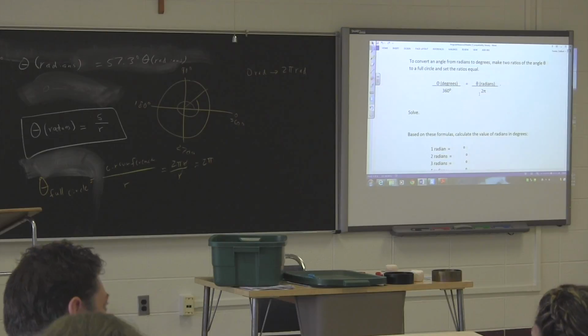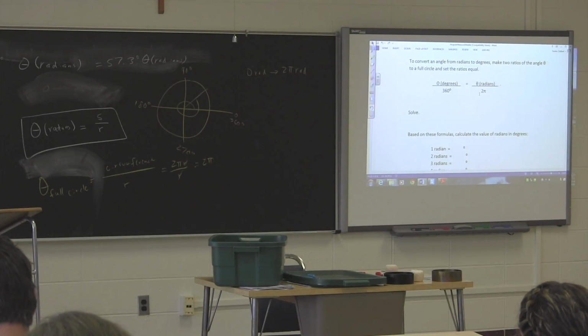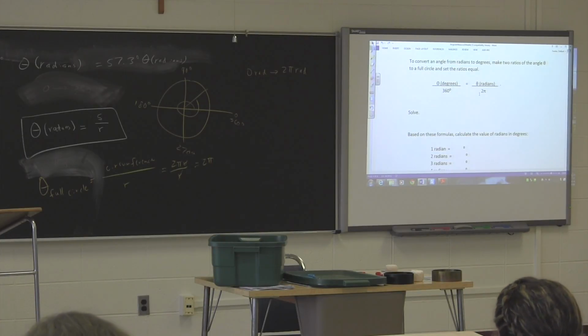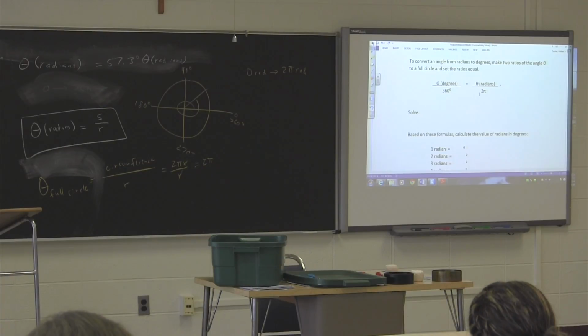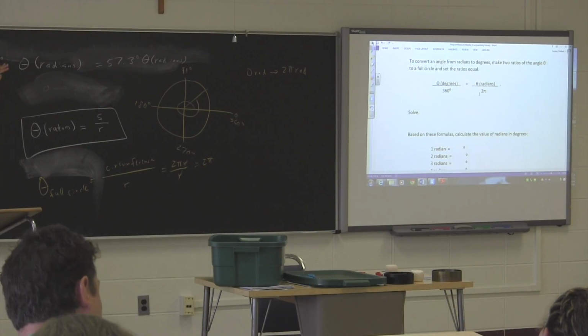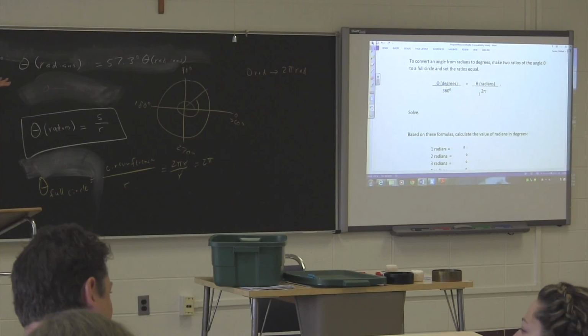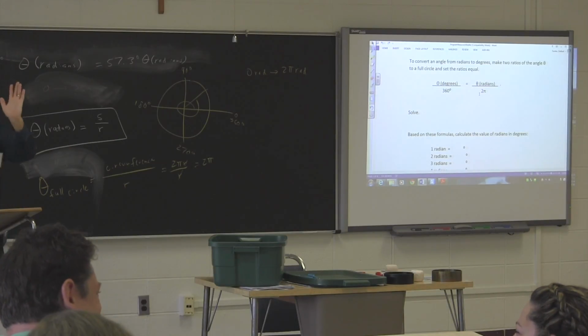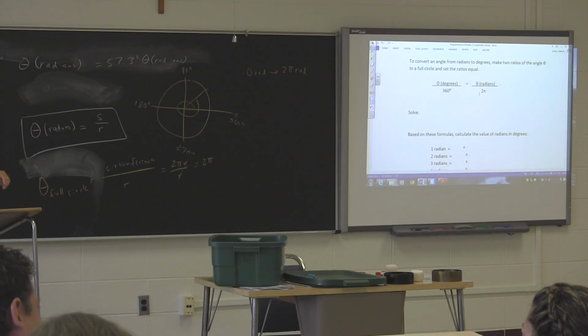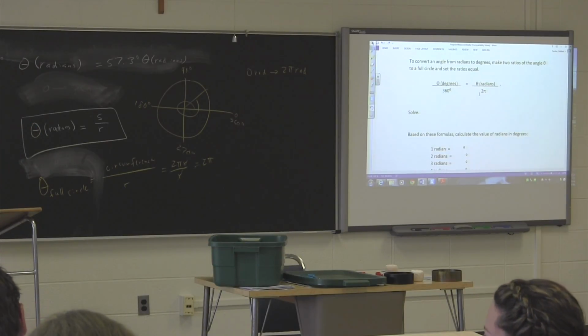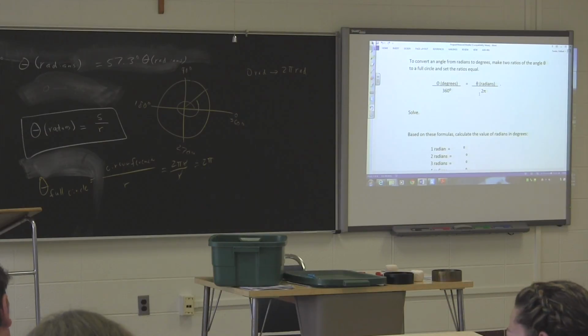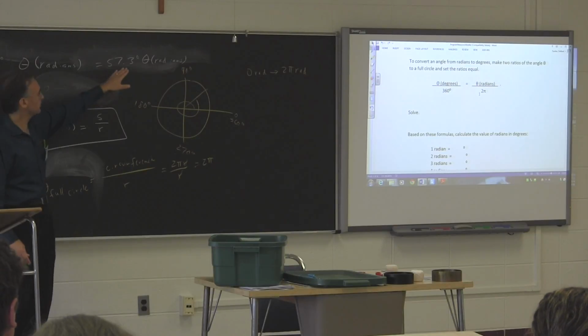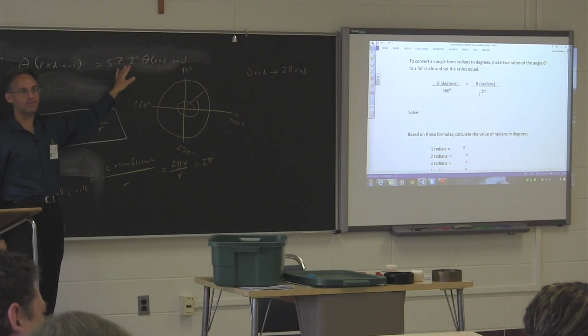Okay, so you could also write it as 57.3. But I think, from my own perspective, it's easiest probably to remember 180 over pi. If you go half a circle, it's pi radians. And if you remember 180 over pi, it's sort of straightforward. You can always plug that into your calculator. It's a little harder to remember a number like 57.3.